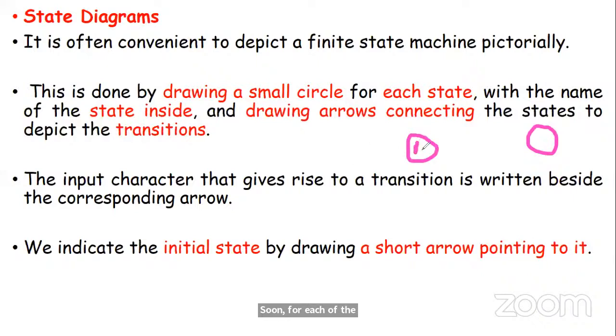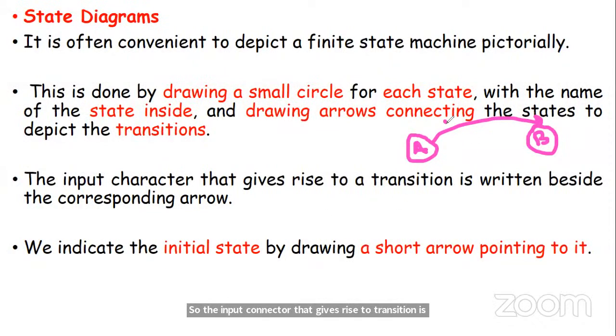So this is state A, and that's the name inside state B. Then you draw arrows connecting the states to depict transition. Once you draw an arrow connecting the states, it is called a transition. The input character that gives rise to the transition is written beside the corresponding arrow.